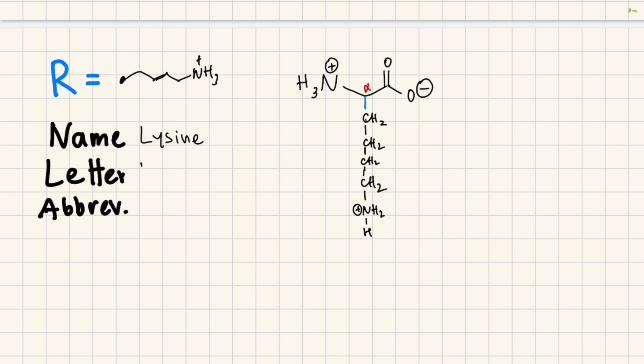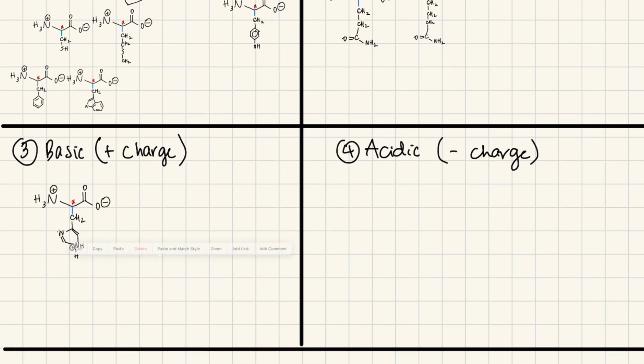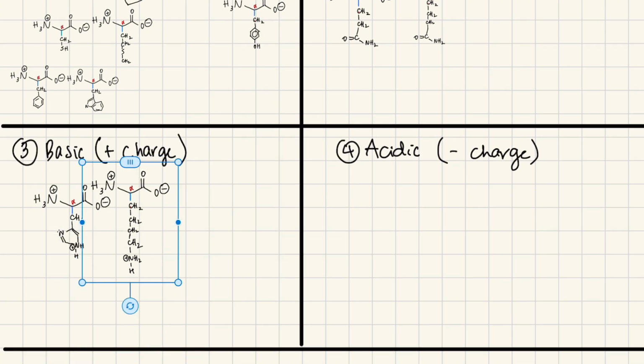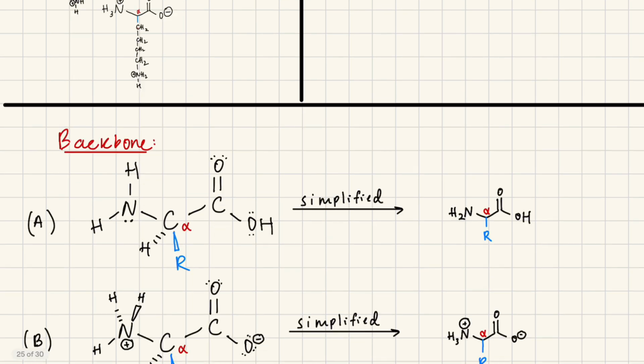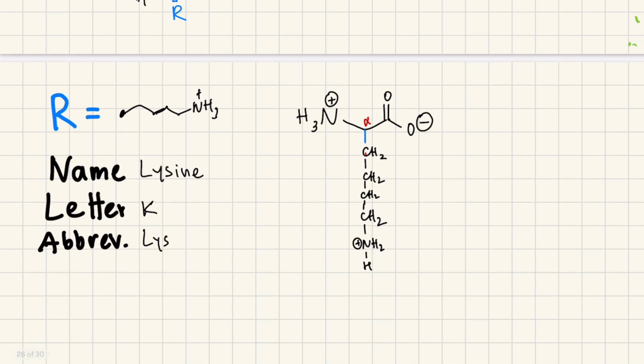Lys is the abbreviation, and K is the letter. Don't know why it's letter K. That one you have to memorize. Maybe, I don't know, lysine, casein, something rhyming like that. K is close to L in the alphabet. That might help a little bit.